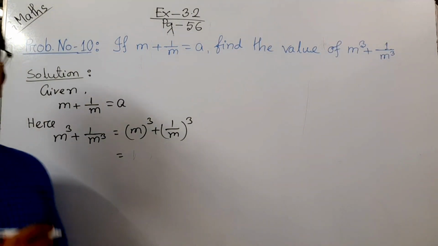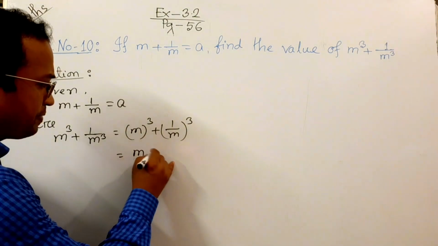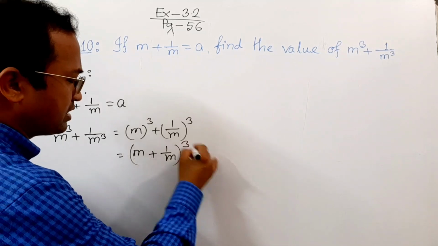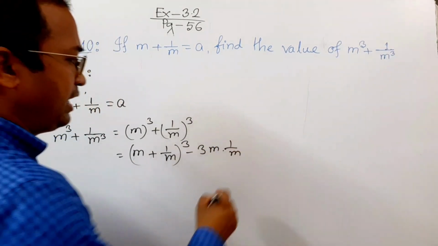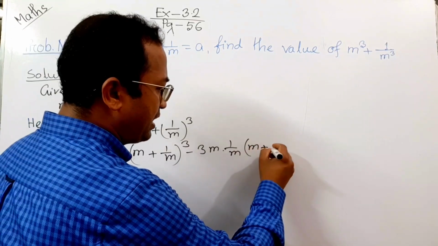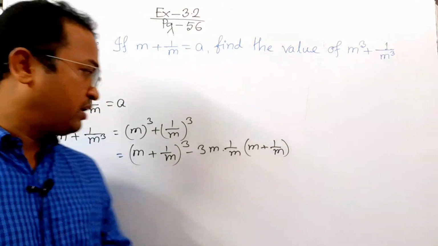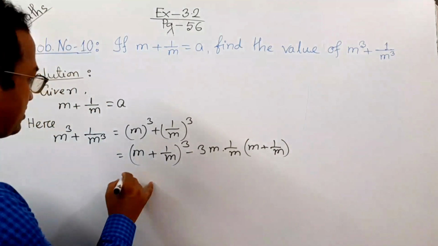What is the corollary of a cube plus b cube? Look, a plus b whole cube minus 3 a into b and a plus b. Here it is given the value of m plus 1 by m, that is a.